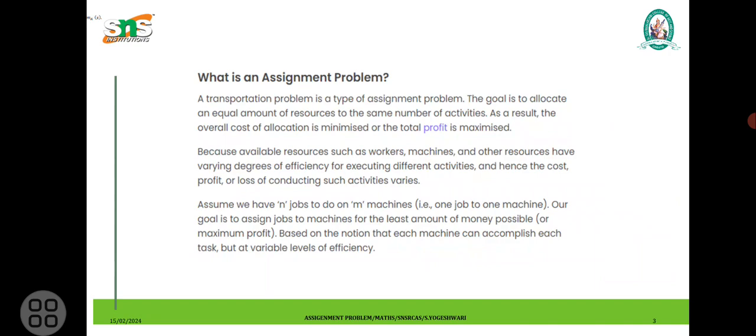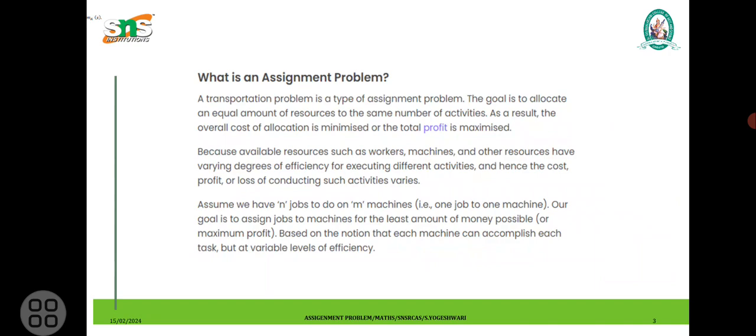The goal is to allocate an equal amount of resources to the same number of activities. As a result, the overall cost of allocation is minimized or the total profit is maximized, because available resources such as workers, machines and other resources have varying degrees of efficiency for executing different activities, and hence the cost, profit or loss of conducting such activities varies.